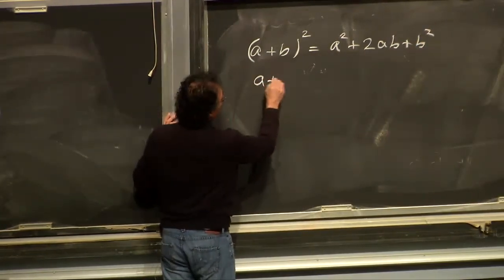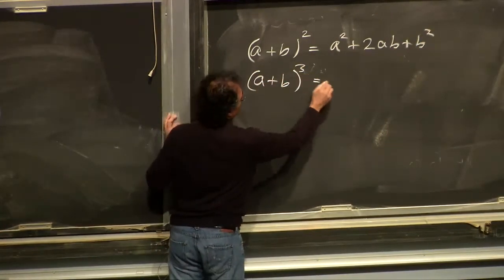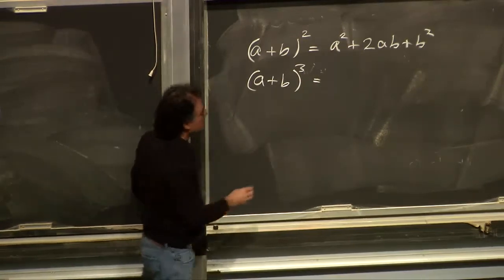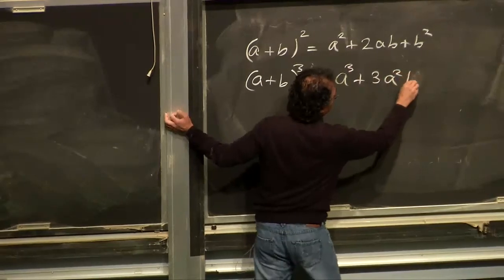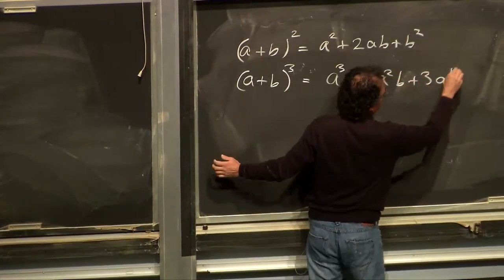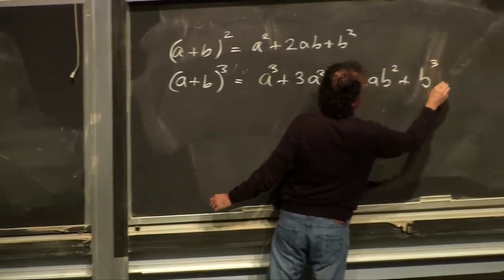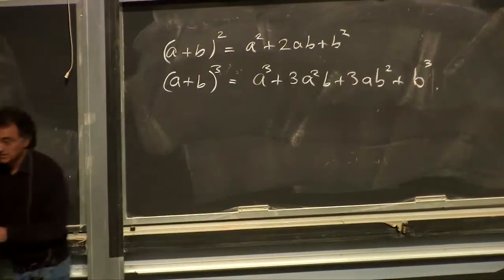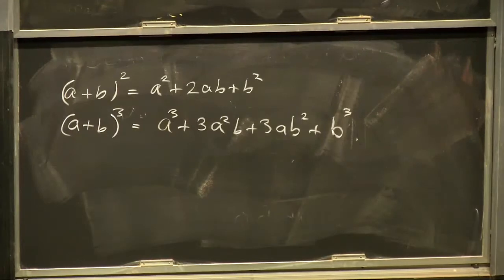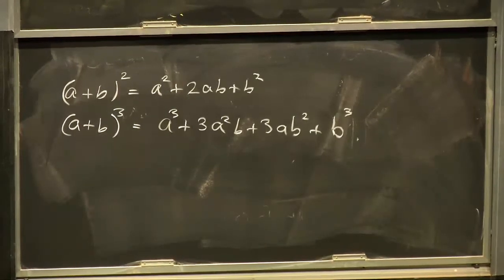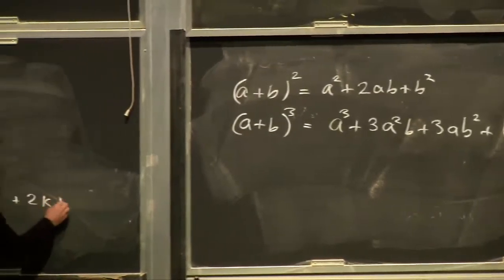What's (a plus b) cubed? So it's a cubed plus 3a squared b plus 3ab squared plus b cubed. So this is k cubed plus 3k squared plus 3k plus 1 plus 2k plus 2.